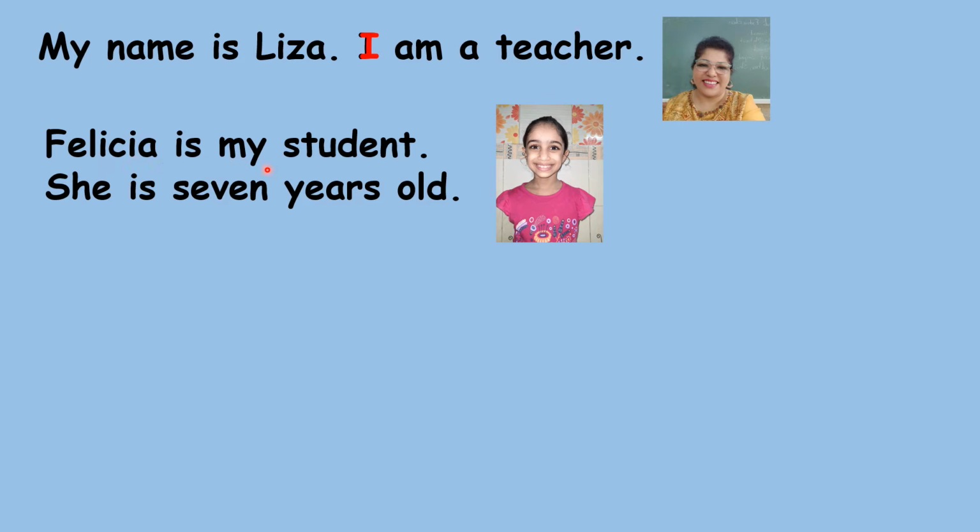Felicia is my student. She is 7 years old. Because it's a girl, I have used the pronoun she, and it is only one girl. So I've used the pronoun she.